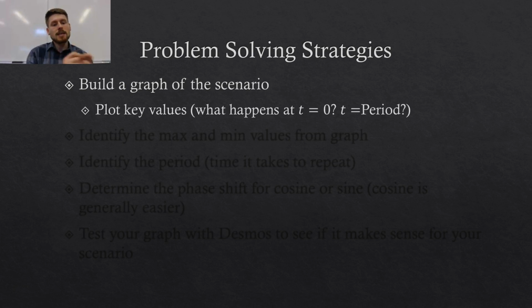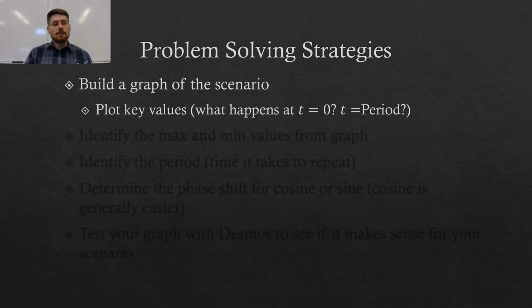So you want to plot key values, like what happens when time is 0, or when you hit a period, and so forth, and use that to help build a graphical picture of what's going on. Once you've got the graph, it becomes 5 times easier, 10 times easier to actually create the function.